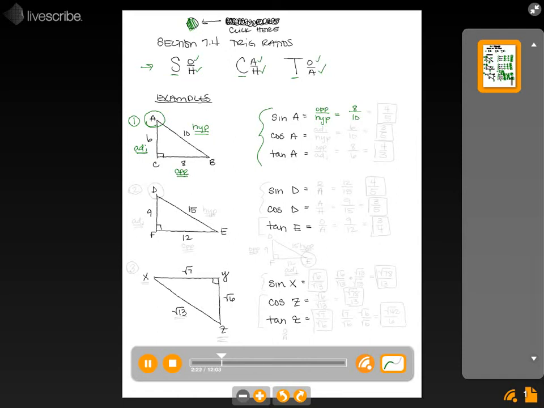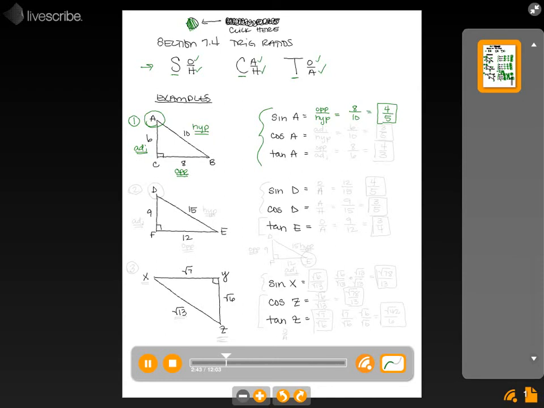So we have 8/10, and we're going to reduce that. The number that goes into both is 2. 2 goes into 8 4 times, and 2 goes into 10 5 times. So there's our answer, 4/5. The sine of A equals 4/5. Okay, pretty simple. All we're doing is pulling off the values for the sides and setting up fractions out of them.